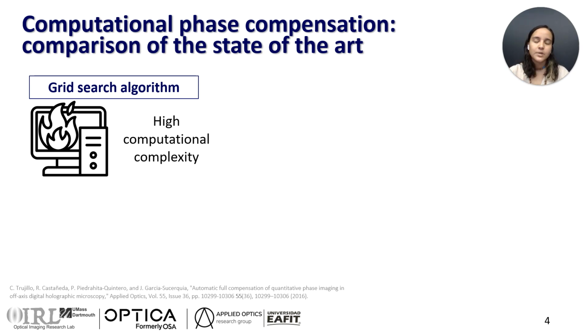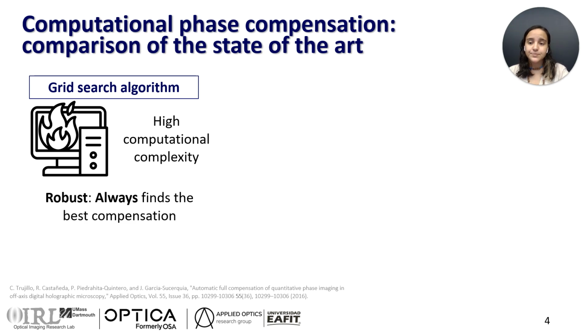But the advantage that they present is the robustness. They can always find the best compensation possible, but you need to give them time. Sometimes you don't have that time to perform the algorithm because you have a dynamic sample. Then the heuristic algorithms try to fix that problem.